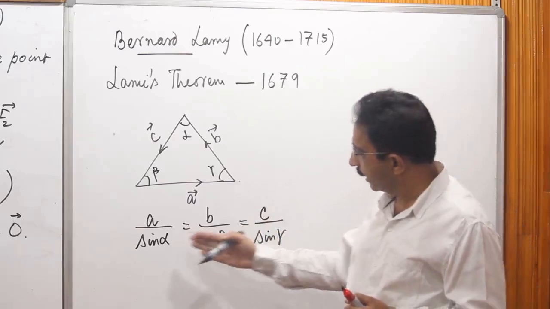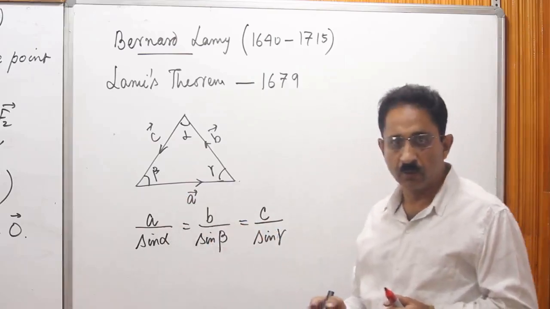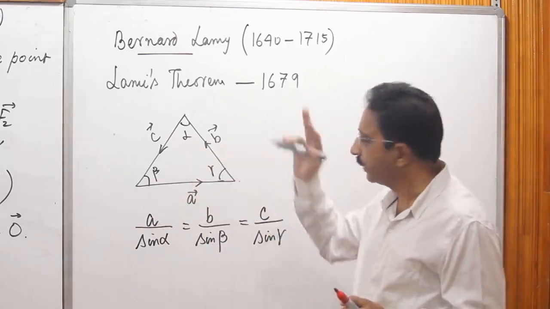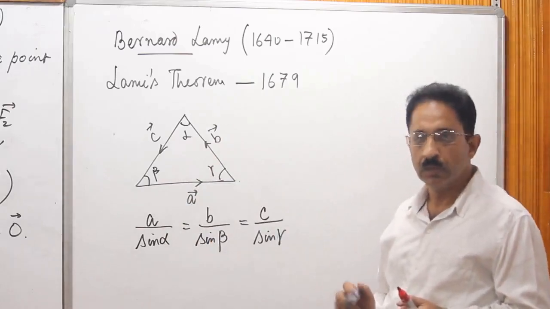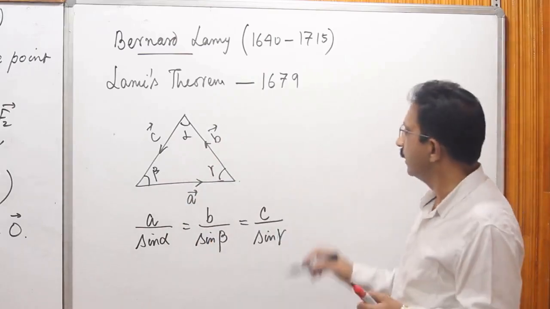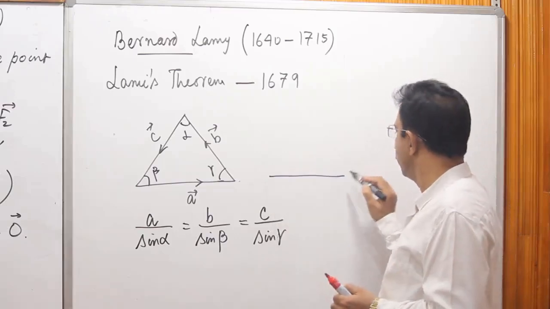In this, many times if we know two forces and these angles, we can determine the third force. Or I can state the same Lamy's theorem for the case of forces.